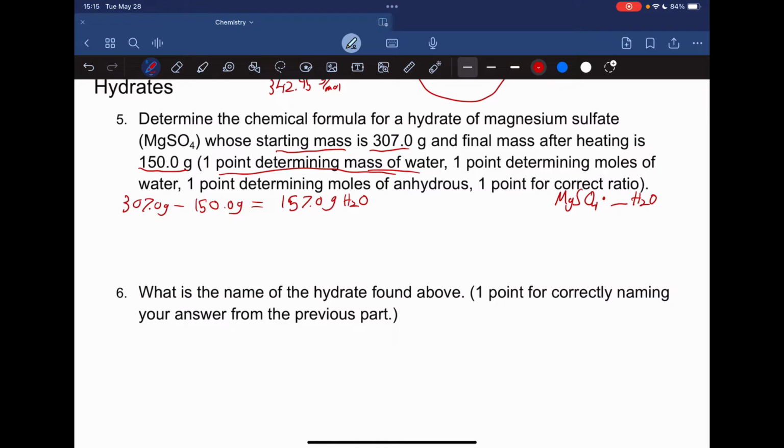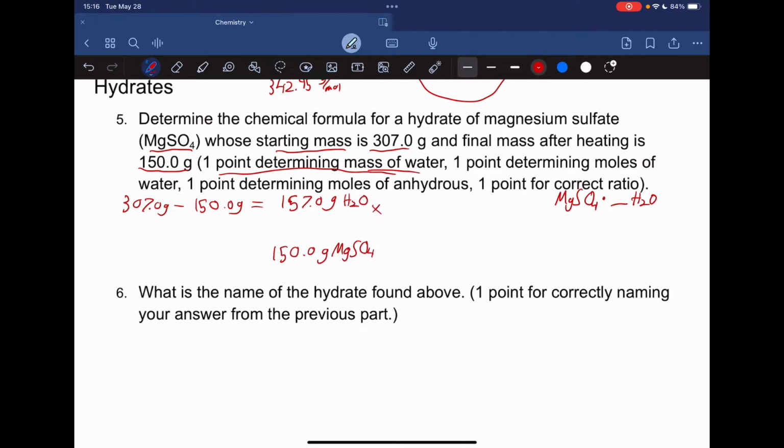And we also know how many grams of just magnesium sulfate we have, because after heating it, we have 150 grams. And if all the water is gone, the only thing left must be the magnesium sulfate. So we're going to write 150 grams of magnesium sulfate. And actually, let's just move that really quickly so I can give myself some more space to work.